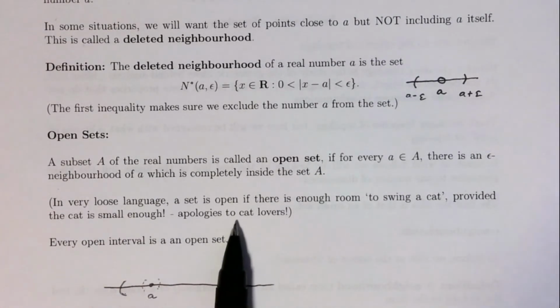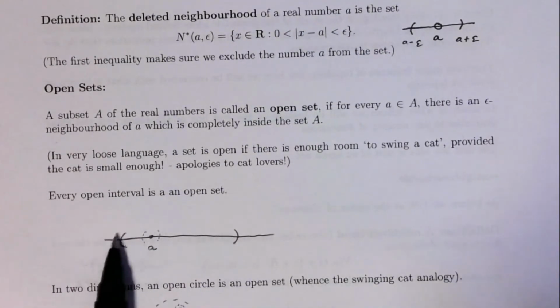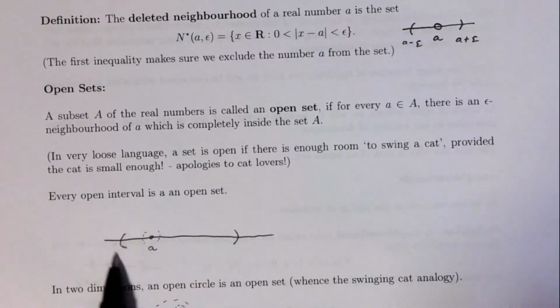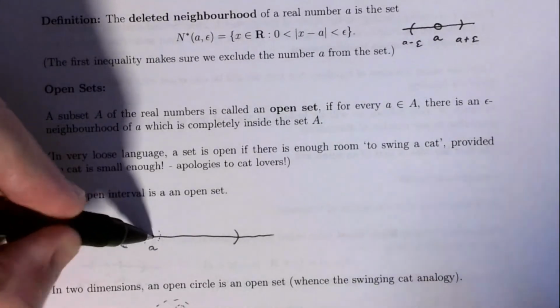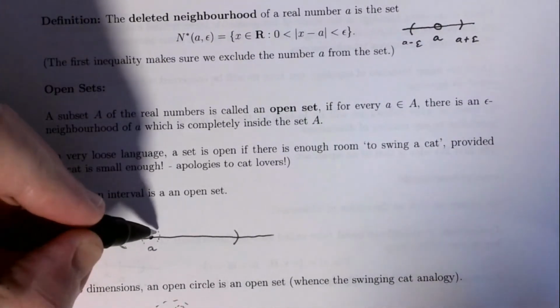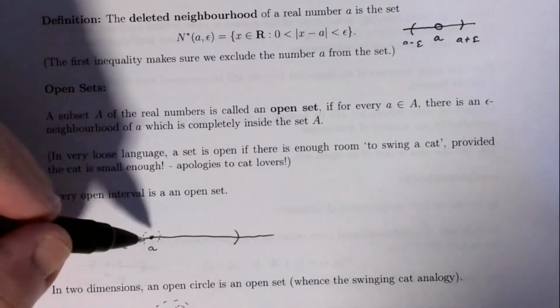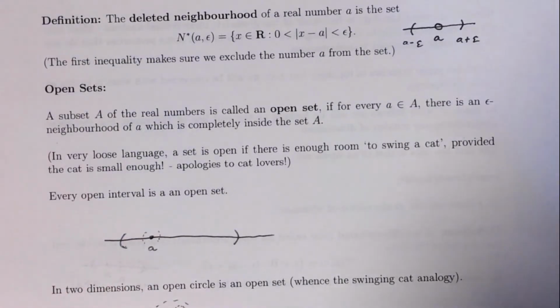The reason I say swing a cat is because this makes more sense when we're looking in 2 dimensions, as we'll see in a moment. But every open interval, for example, is an open set. So if I give you some open interval, then if you pick any point inside the open interval, you can just squeeze in a little epsilon neighbourhood, and that epsilon neighbourhood stays inside this interval.